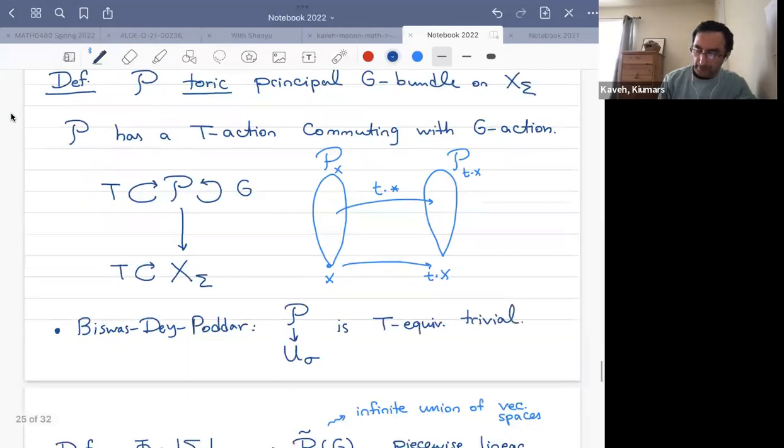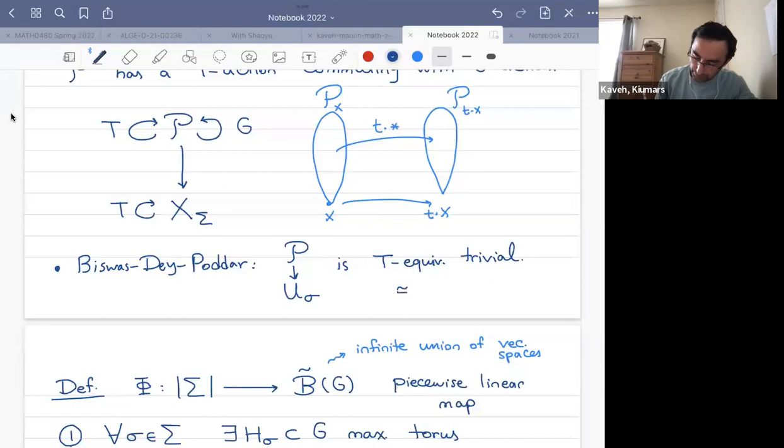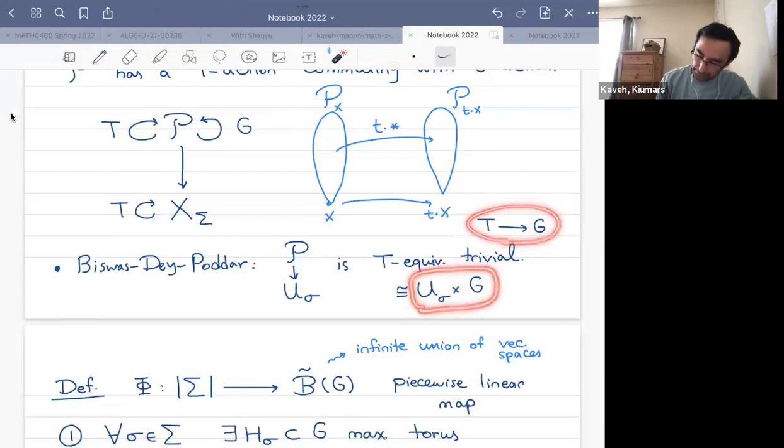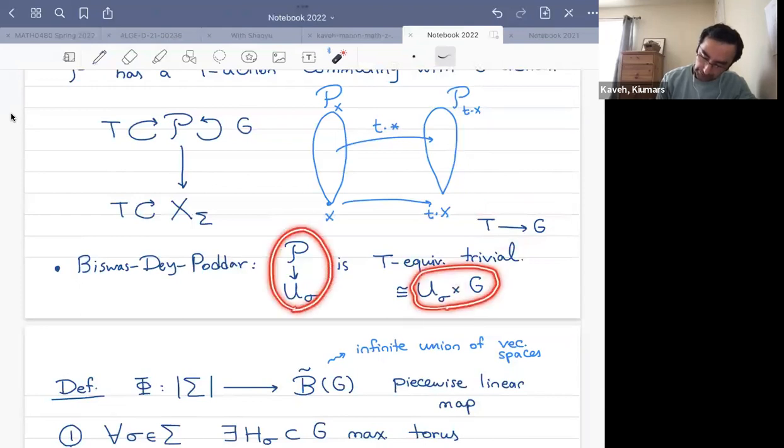So it is isomorphic to the affine base cross G, where the T action on G is through a homomorphism from T to G. So there exists a homomorphism that gives an action of T on G, say from the left, and then it acts on the trivial bundle, and then you have an isomorphism between this toric principal bundle over an affine toric variety and this.